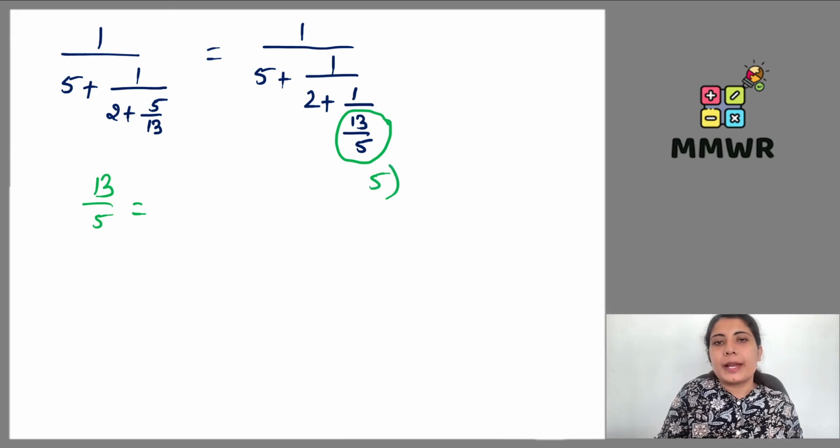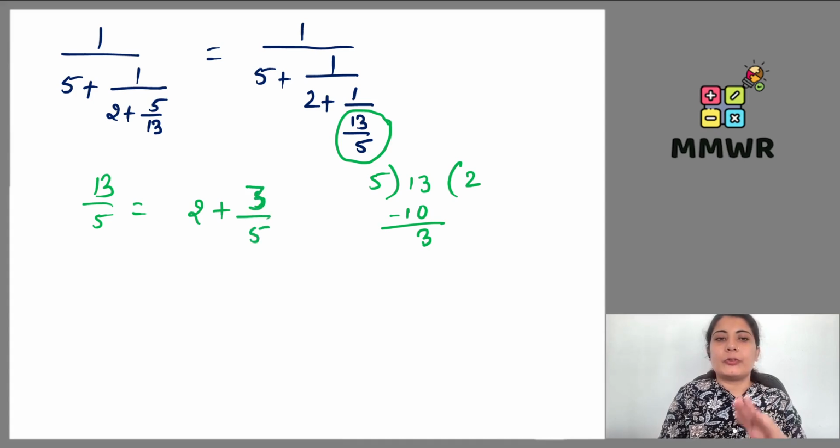For that, I have to divide 13 by 5, which gives me 5 twos are 10 and remainder 3. So 2 and 3 upon 5. Look, 5 twos are 10 plus 3, 13 upon 5 again I am getting, right?